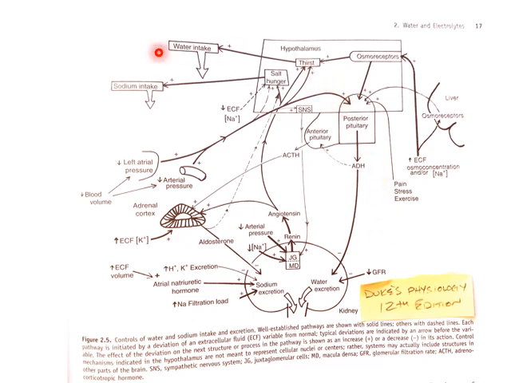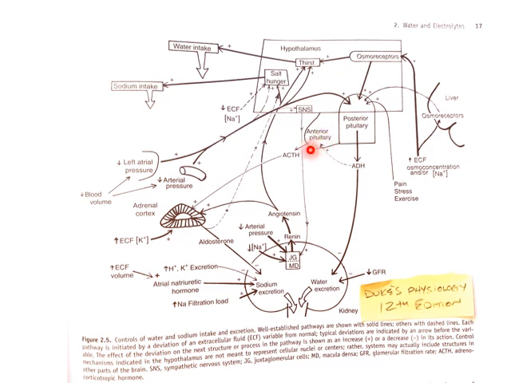So if you've got thirst due to low water intake, or too many electrolytes with the hypertonic saline, that's going to drive the thirst receptors, which is going to tell the brain to drink very quickly. If you've got low sodium intake, you'll get salt hunger.